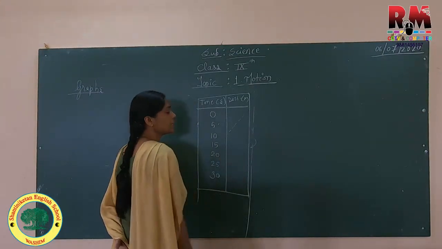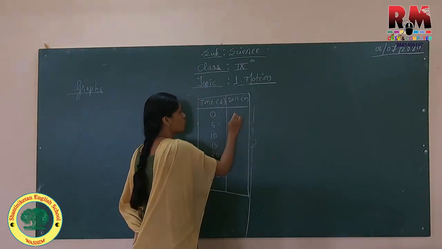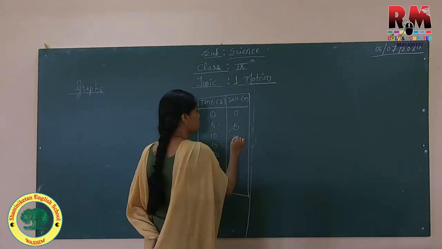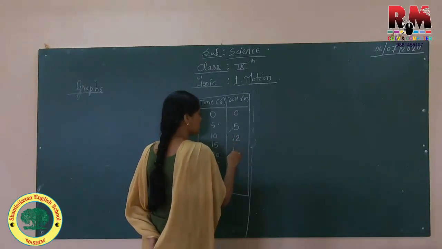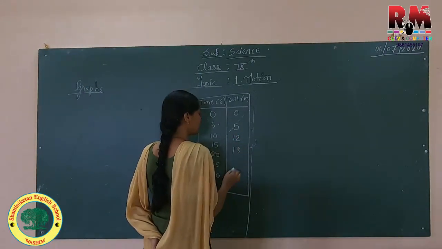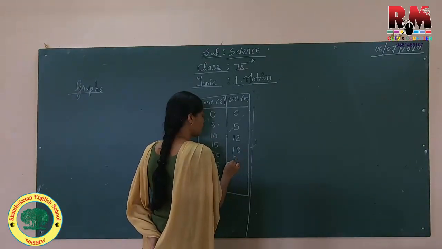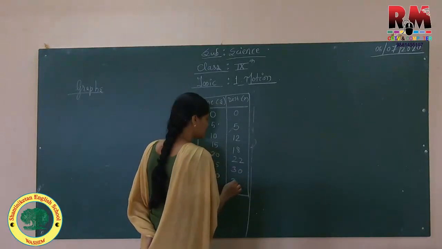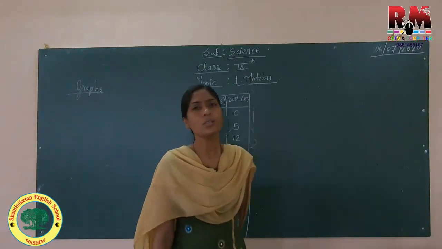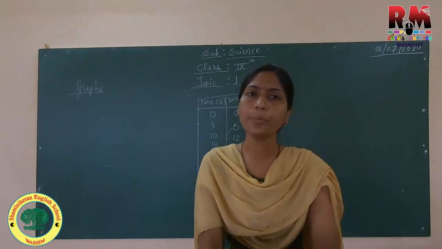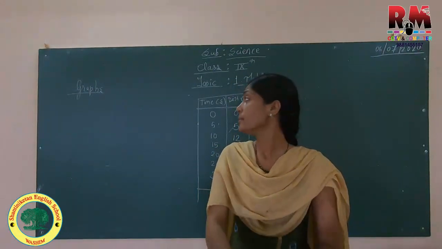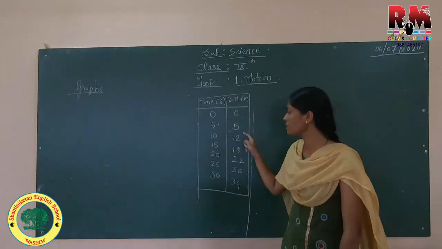And here suppose the distance is 0, 5, 12, 18, 22, 30, 34. From the table you can recognize the difference in the distances given to you.